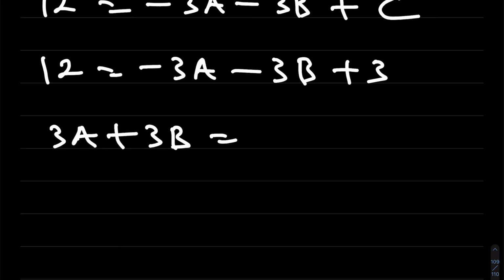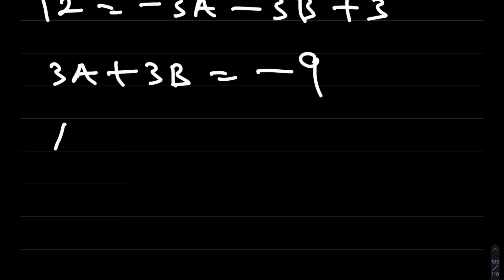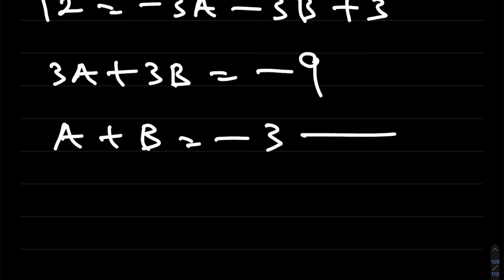So 3a plus 3b equals 3 minus 12, which is minus 9. Now if I divide through by 3, I'm going to have a plus b equals minus 3. And that's another equation. Let's call it equation 2.